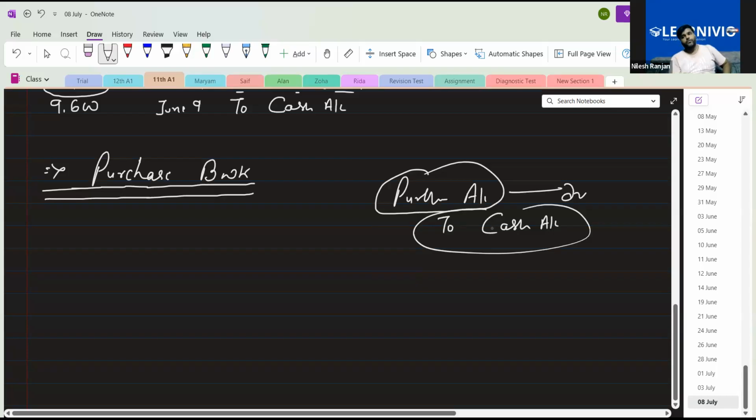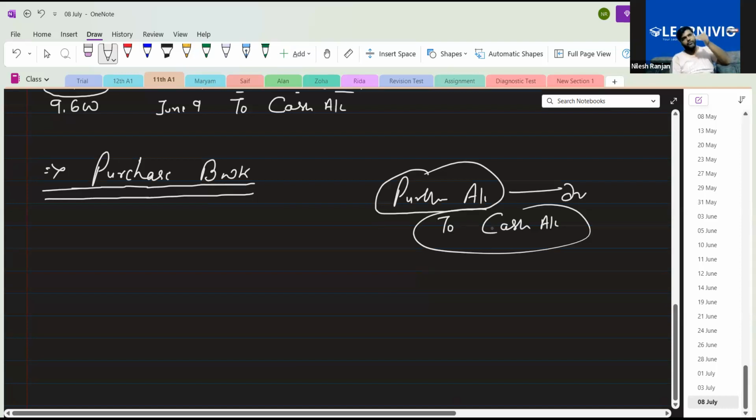Now, first of all, how will the purchase book be prepared? In journal entry, there is no detail related to purchase written with the journal entry. But when you prepare the purchase book, you will write every detail, like the number of items. Let's say that in a transaction, an electronic shop is selling a fan, bulb, and some other thing also.